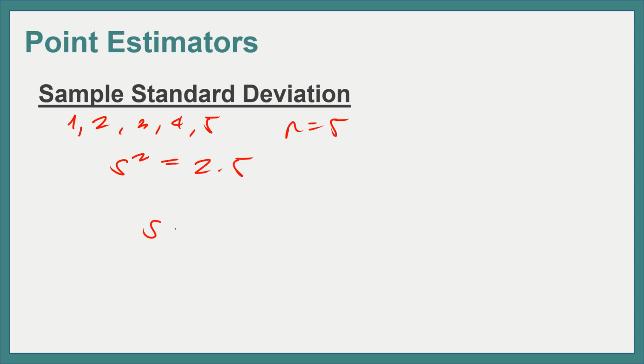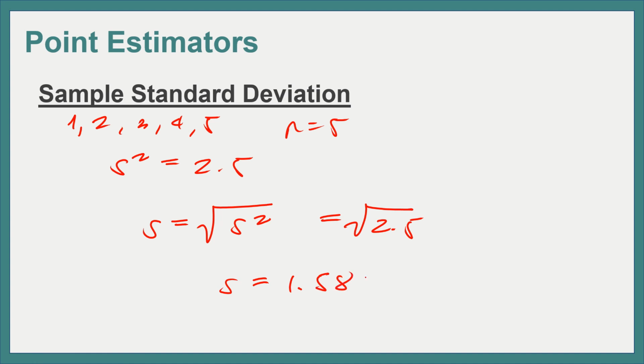Then to solve for the standard deviation, we just need to get the square root of the variance, and in this case, the square root of 2.5 is equal to 1.58. So this is now the standard deviation of our data set, and this standard deviation is the point estimate of the population standard deviation.